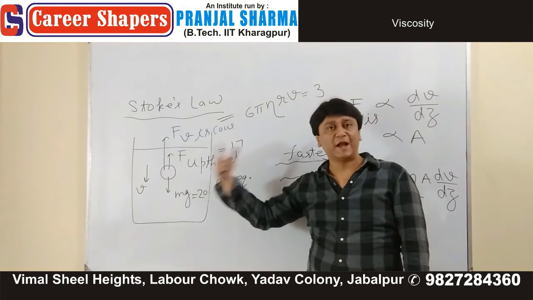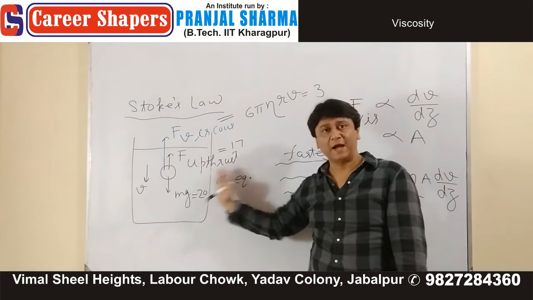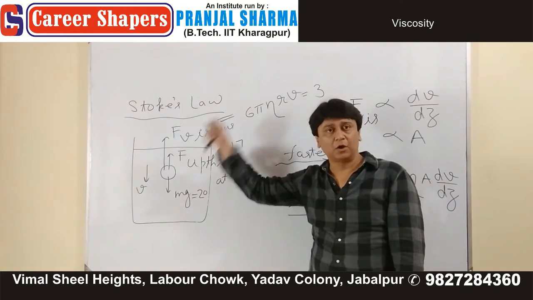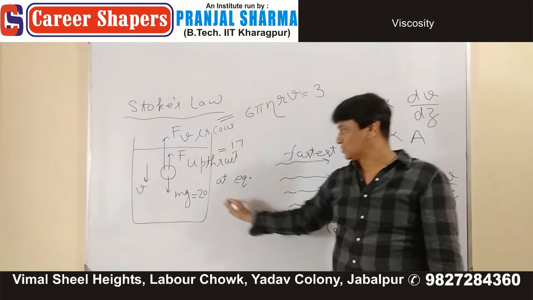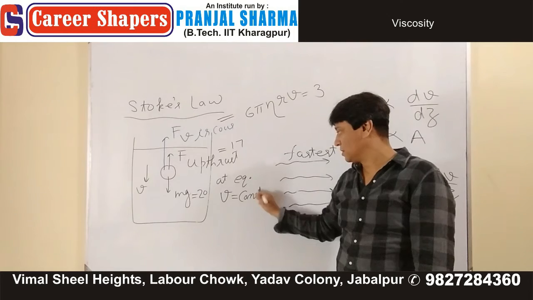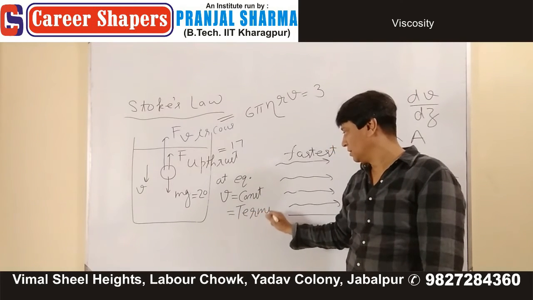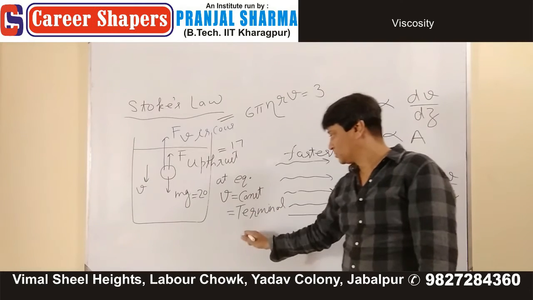There is no net force acting on this, and therefore when you get an equilibrium, this V becomes constant, which is called terminal speed.